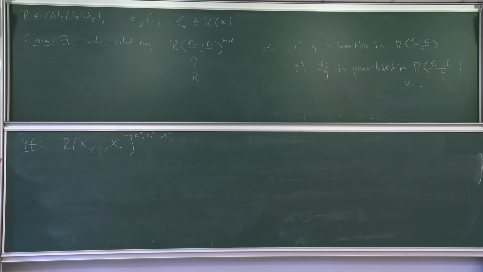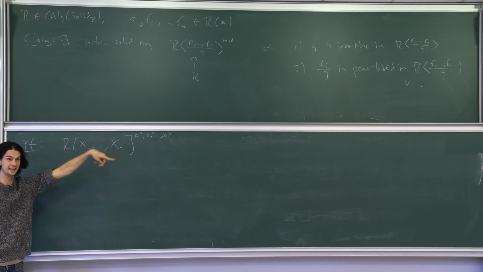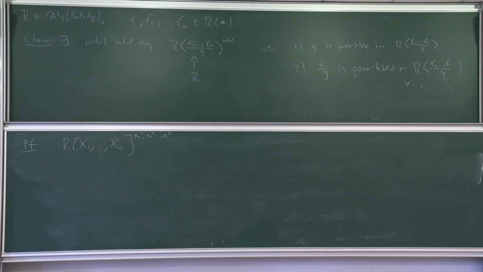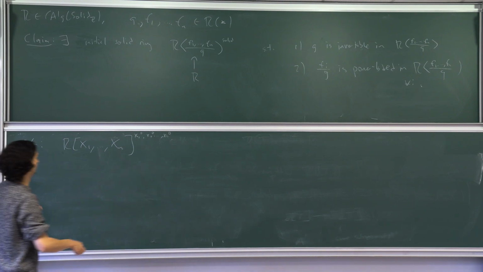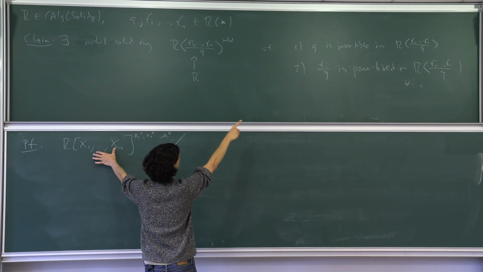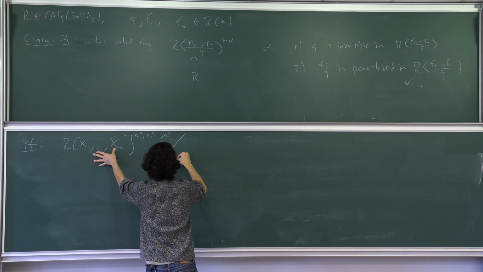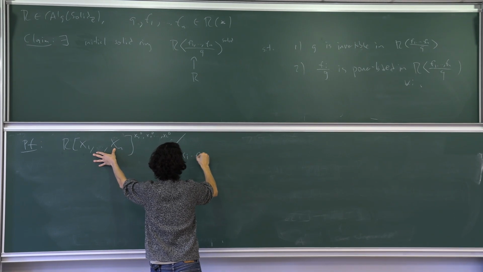Which, recall, does something when R is not discrete. Remember, we had the example of one variable and R was Q_p, then this gave us the Tate algebra. Then we can say that these variables are supposed to be F_i over G, so maybe Gx_i minus F_i.